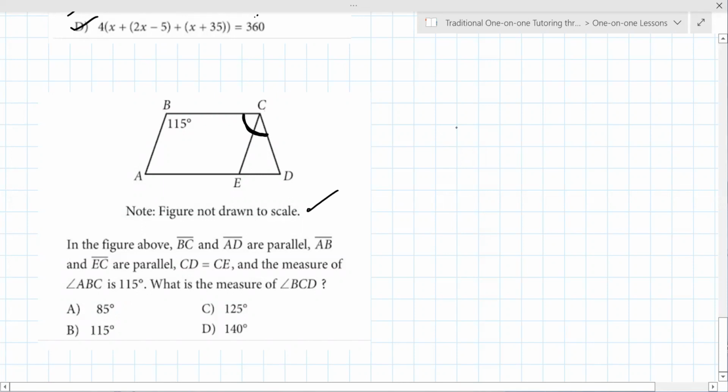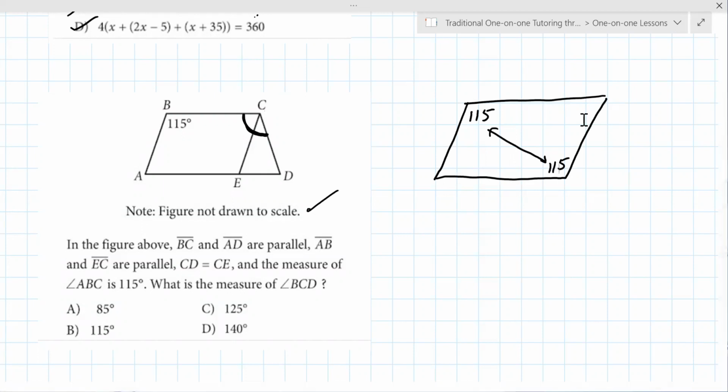So if we go back to the parallelogram, this is important. In a parallelogram, there are a couple of things that are important. First, opposite angles are congruent. Consecutive angles, like this angle over here to the right, have to add up to 180.